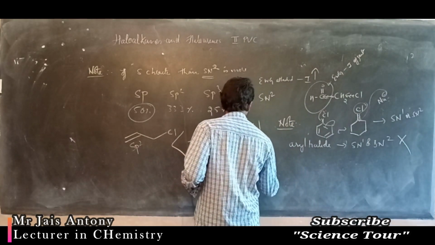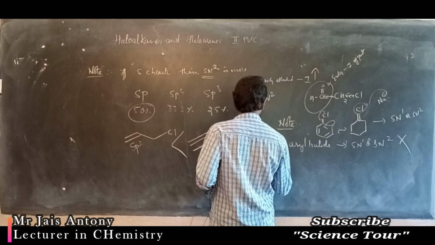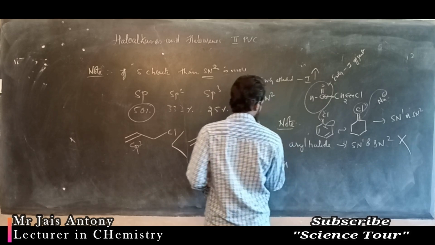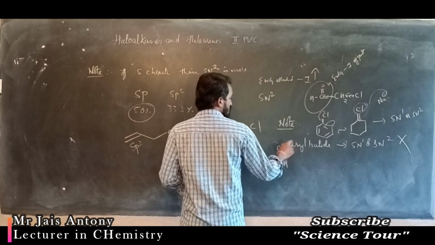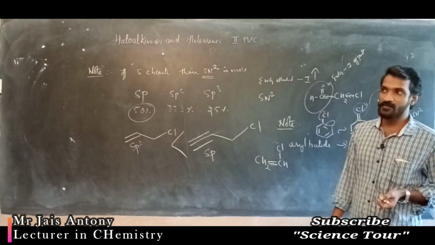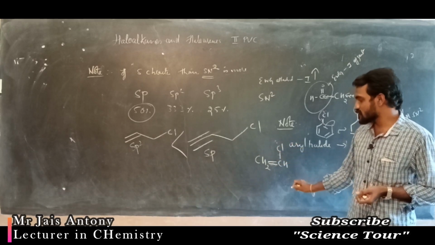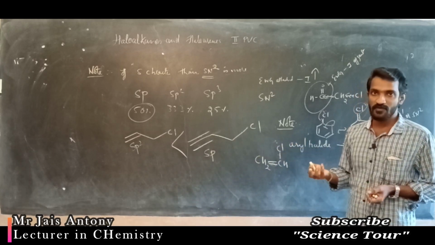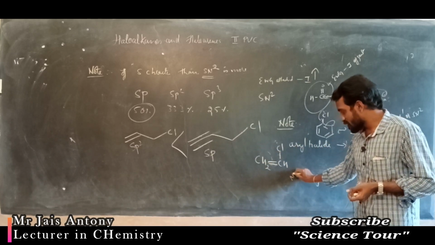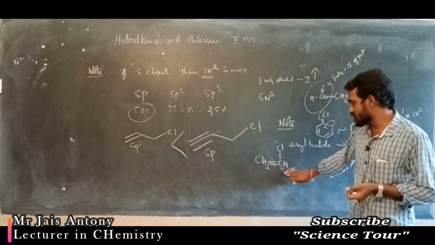Next, vinyl halide. Vinyl halide also does not show SN1 and SN2 mechanism. There is also a possibility of electrons coming here, forming a partial double bond. Another nucleophile will not attack this particular carbon because a double bond is already there. So what happens? Here to here electrons come. Where do these electrons move? Not possible. Even if it moves like here, the coming nucleophile cannot attack this carbon because electrons are already there. A double bond is there.